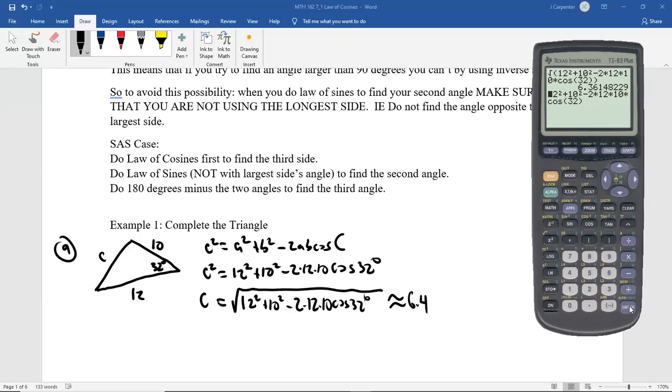If I do this as two steps, so do all the math inside the square root, 40.46, and then take the square root of the answer, you still get that. But notice if I take the square root, let's say I rounded that to 40.5 before I took the square root, which is a bad idea. Now this answer is still pretty close. It's still going to round to 6.4, but you can see that it is not exactly the same.